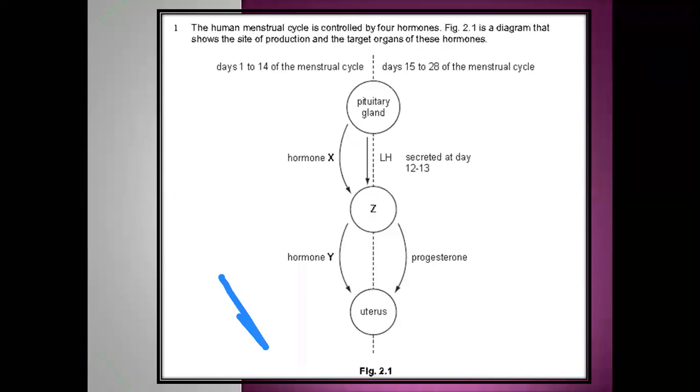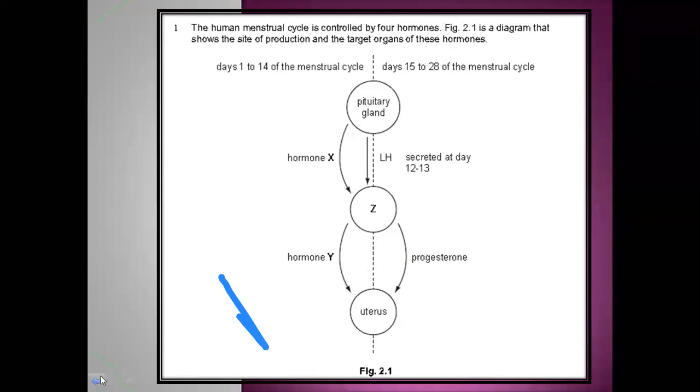Is it clear? Now, the ovary will produce another hormone that makes the uterus lining thick. That hormone is estrogen, right? And when ovulation happens, the corpus luteum will form, and that will start production of progesterone to maintain the thickness of the endometrium lining.